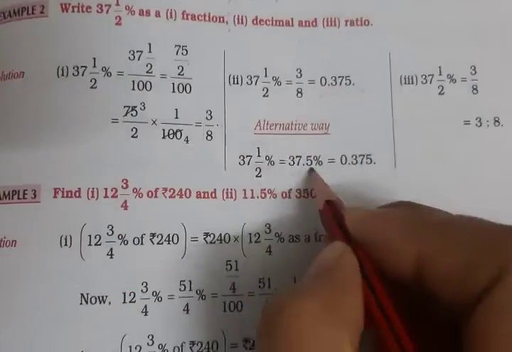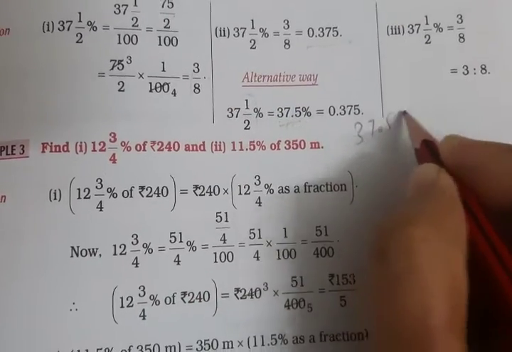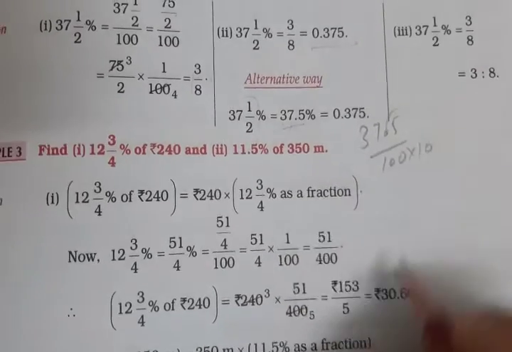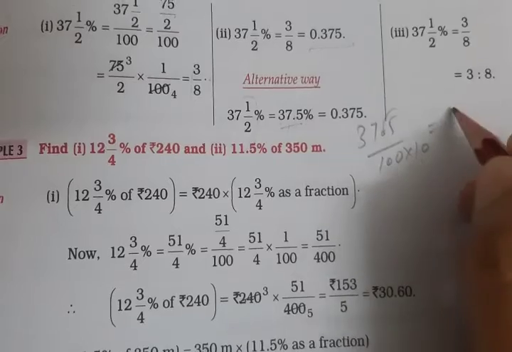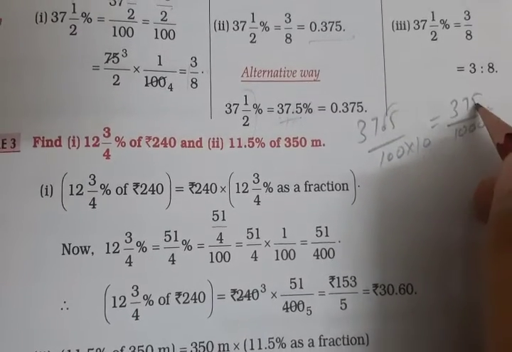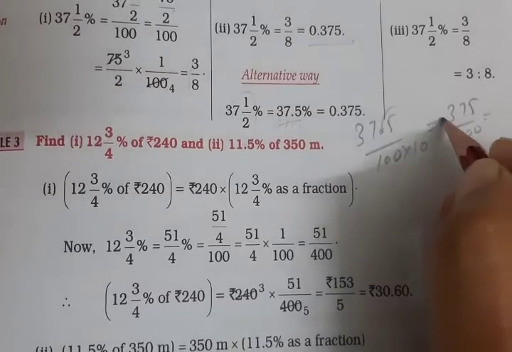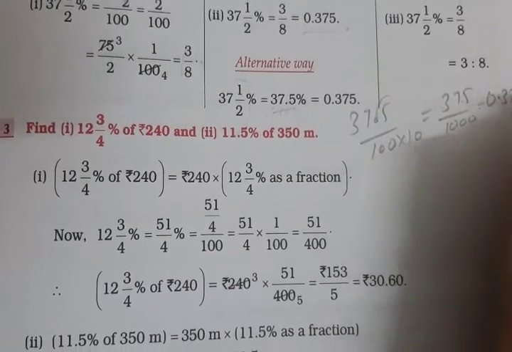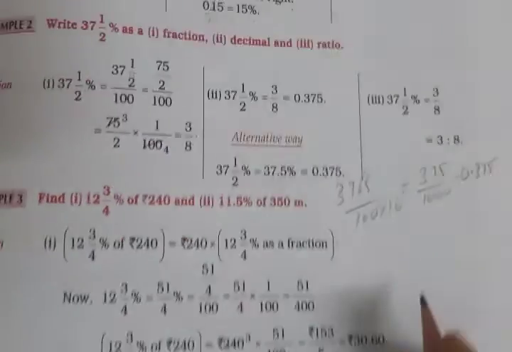Understand? Now we will write this like that also, 100. Now remove this decimal also, that means 1000 will come. Now how to put a decimal: before 3 digits the decimal will come, that is 0.375. That is the answer. Understand?